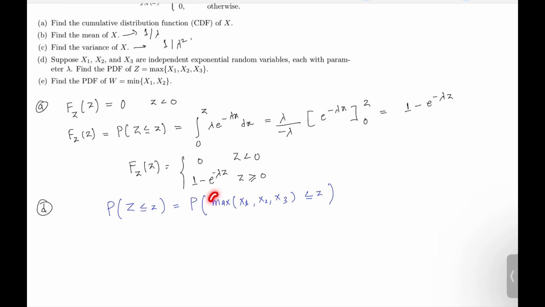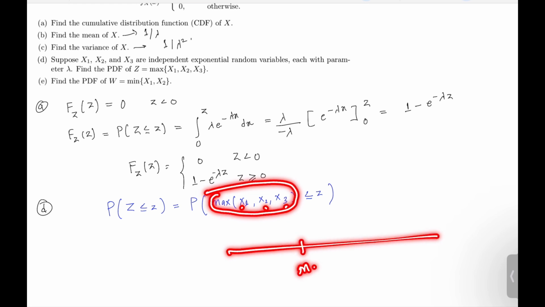This function will give you the maximum value out of these three. Let's say this max is somewhere here, and the max will be one of X1, X2, X3.